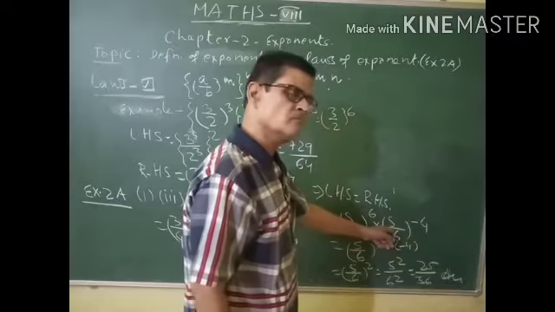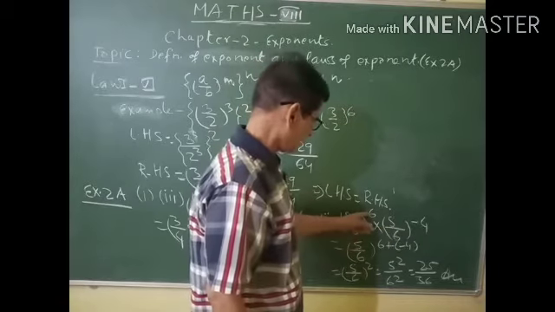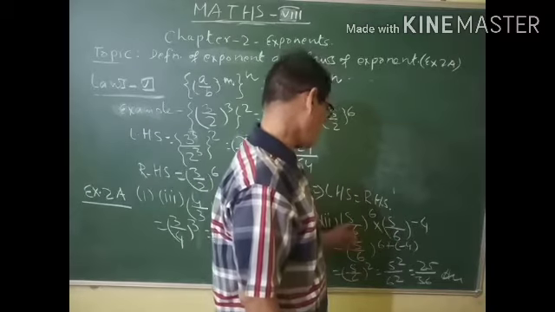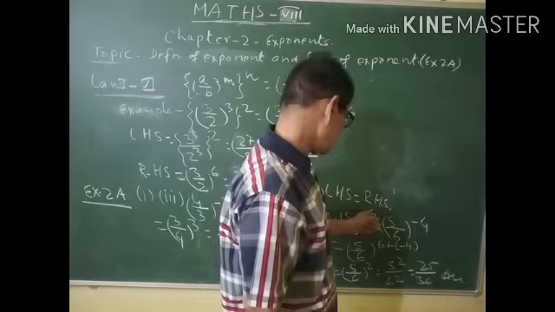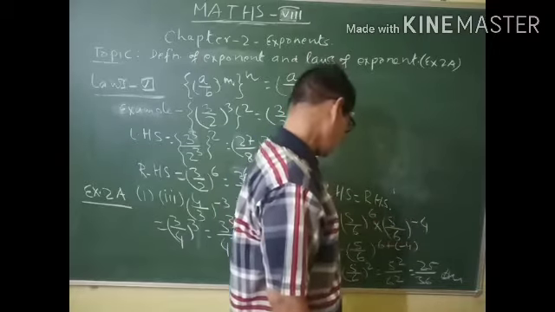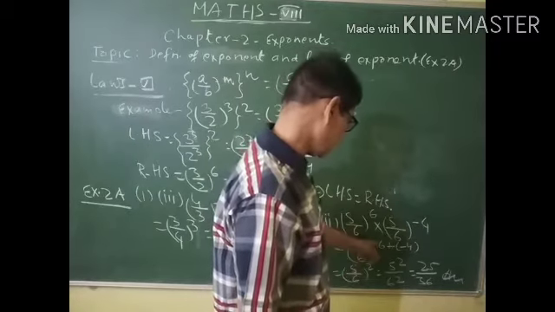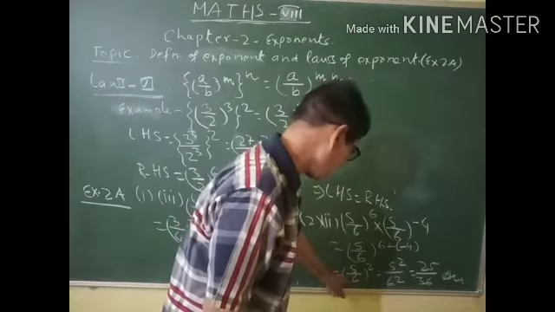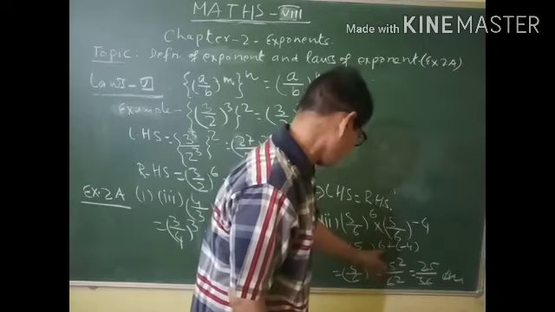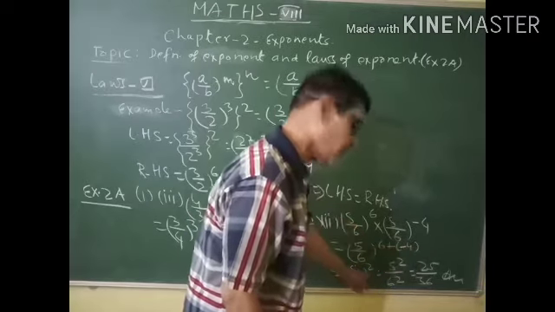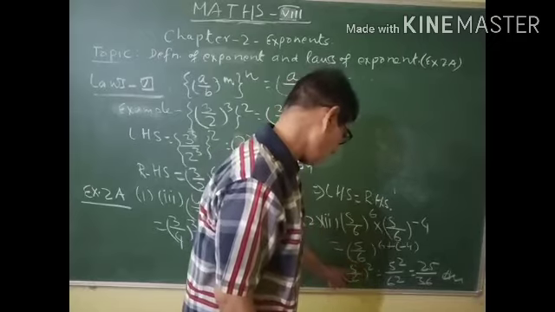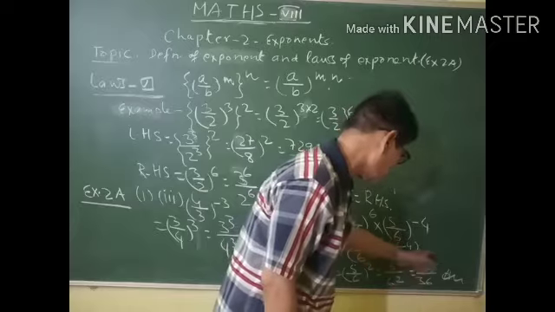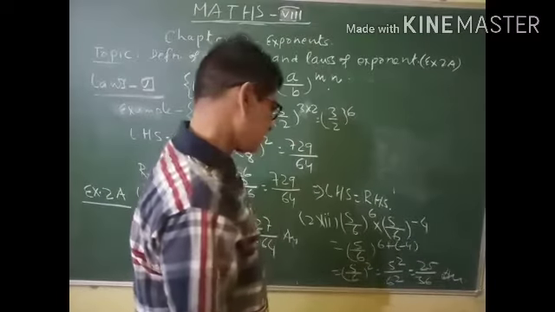Bases are same, so you can add the exponents. So this will become 5 by 6 to the power 6 plus minus 4. 6 minus 4 will become 2, and the value of 5 square by 6 square will give you 25 by 36.